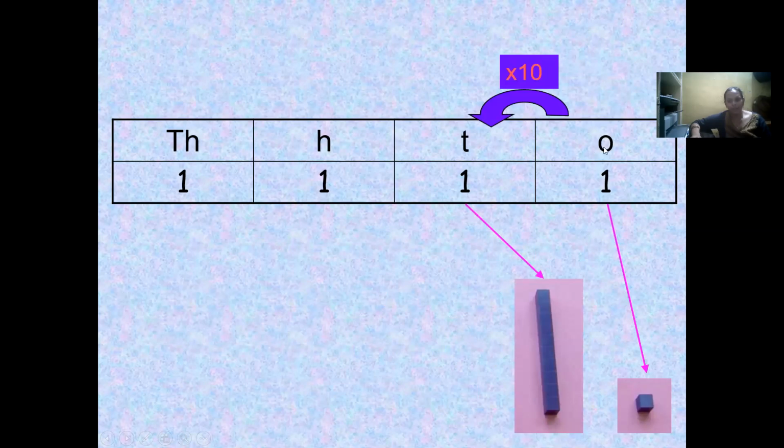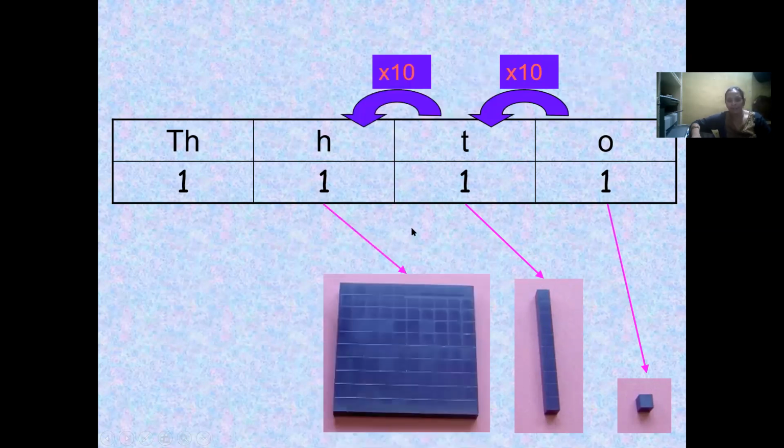When you move from ones to tens, this one cube is multiplied by 10, which means we use 10 such cubes to represent the number at tens place. So 1, 2, 3, 4, 5, 6, 7, 8, 9 and 10. So how many cubes are there? 10 cubes, right?